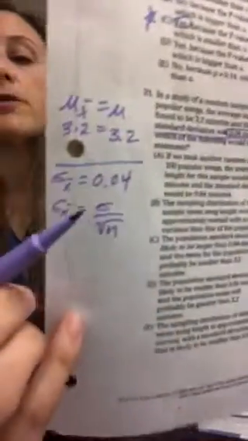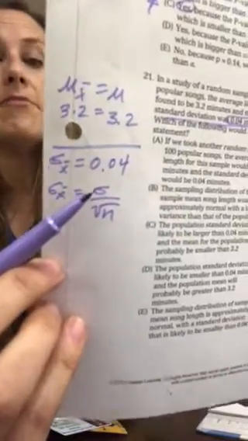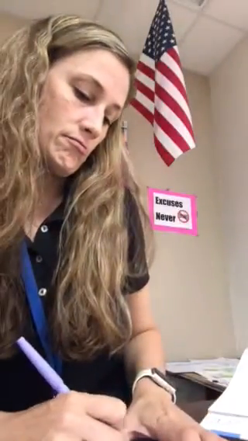So I can actually work backwards and figure out what would be the standard deviation that may be a fit for the population. So 0.04 equals sigma over the square root of 100, since they said we took a sample of 100. Square root of 100 would be 10. So that would make sigma, if I multiply 10 on both sides, 0.4.